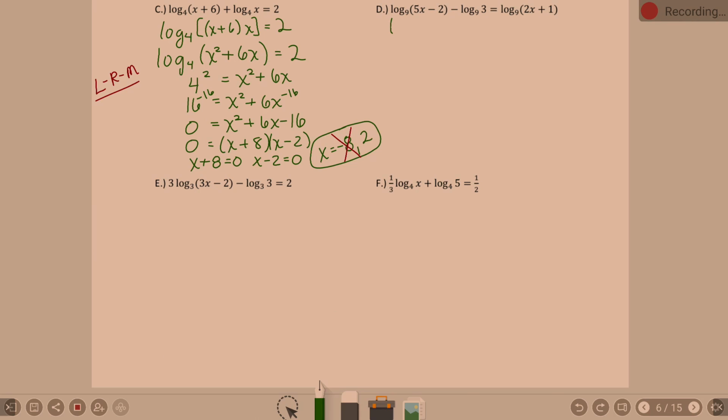So this left can be rewritten as the log base 9 of 5x minus 2 divided by 3 equals log base 9 of 2x plus 1. Now what?